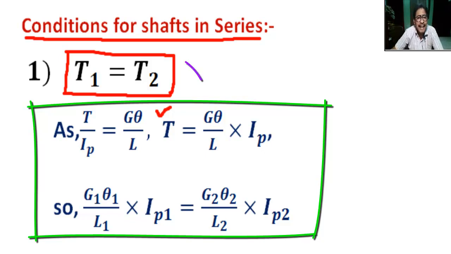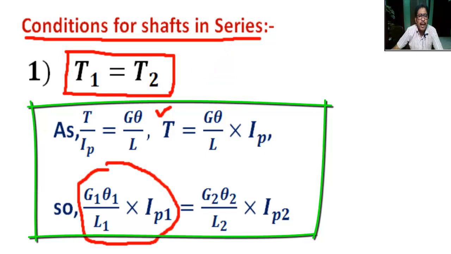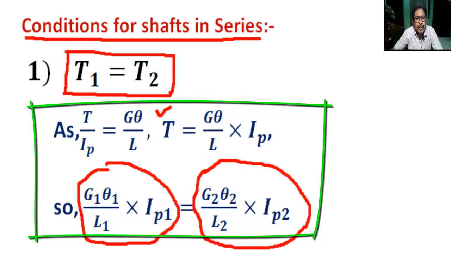Now as T1 equals T2, so for shaft 1, G1 theta 1 by L1 into IP1 equals, for shaft 2, G2 theta 2 by L2 into IP2.